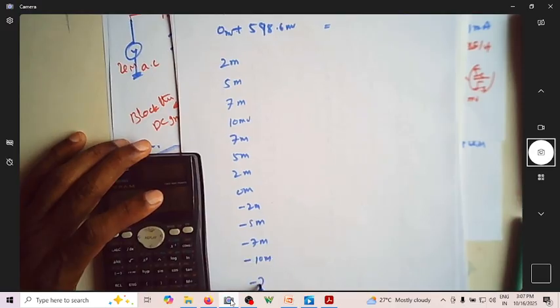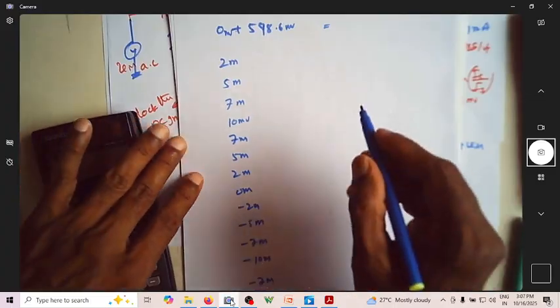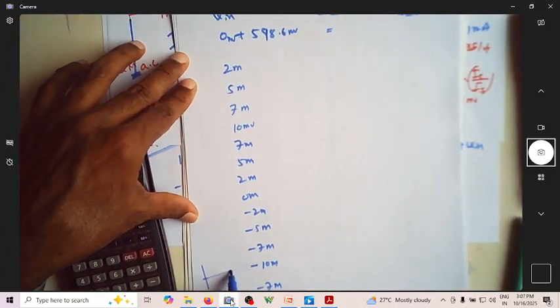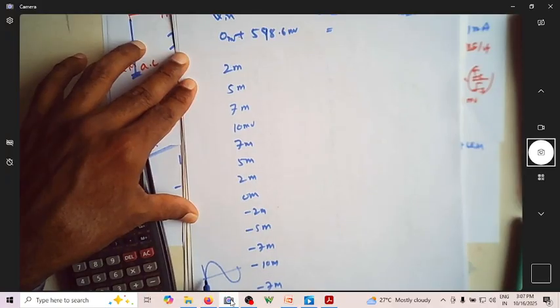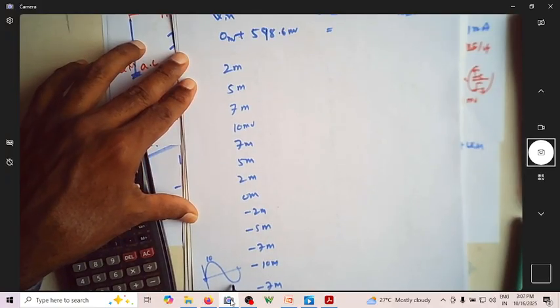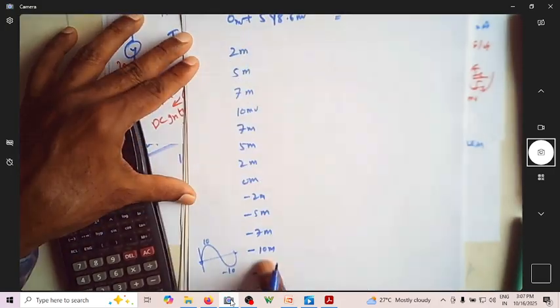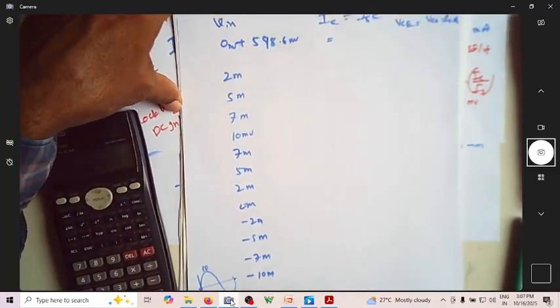Then again minus 7 milli, minus 5 milli, minus 2 milli and 0 milli. You see, this has completed one cycle, 0 to 10 milli, back to minus 10 milli, and back to 0. So this is the overall sine wave variation.